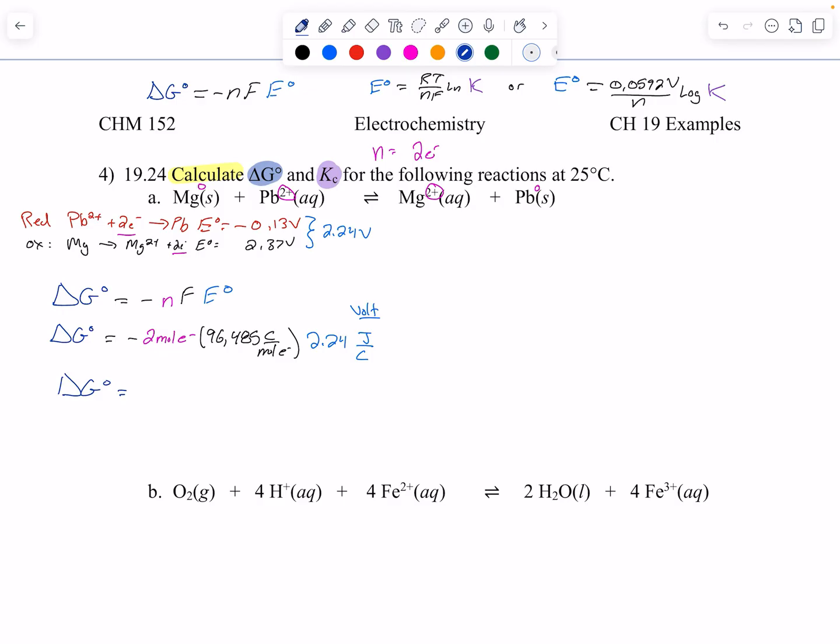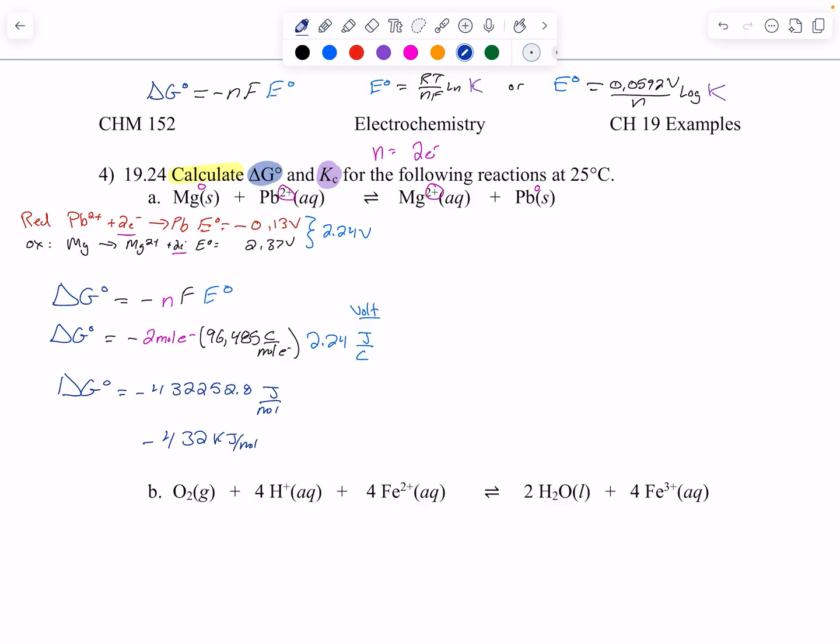I get negative 432,252.8 joules per mole. That would be negative 432 kilojoules.